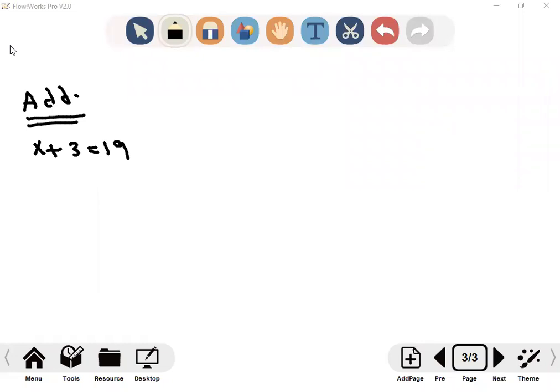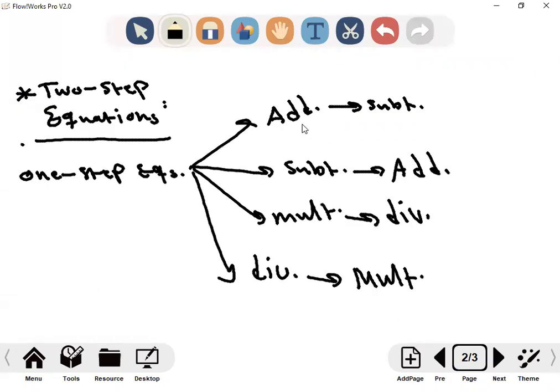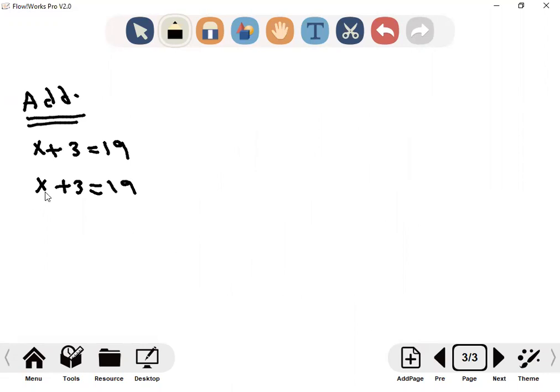We do like 19 divided by 3. First, we rewrite the equation, remember? Good. Now, we said before, if we have addition, we will what? We subtract. Good. Here we have addition. x plus 3 equal 19. What will we subtract?